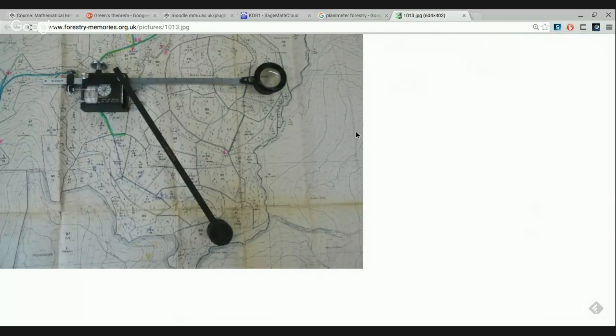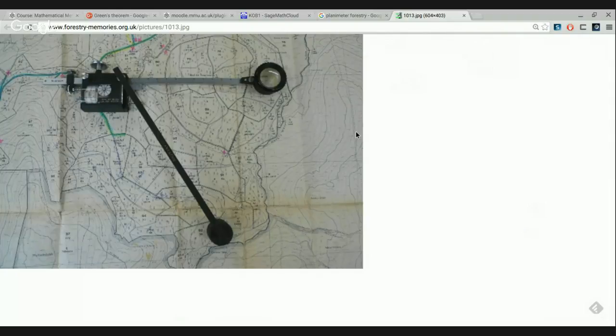So it's not so easy to lay out everything in rectangles. So the plots of land that you're planting trees in, you need to be able to work out the areas nicely from that. So here you've got a map and various plots of land marked out on the map, and what's sitting over the map is this mechanical device called a planimeter.